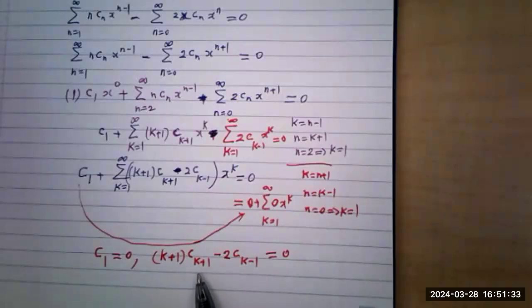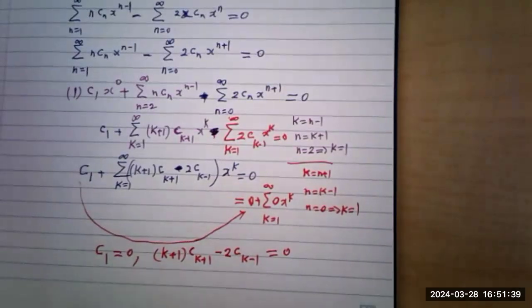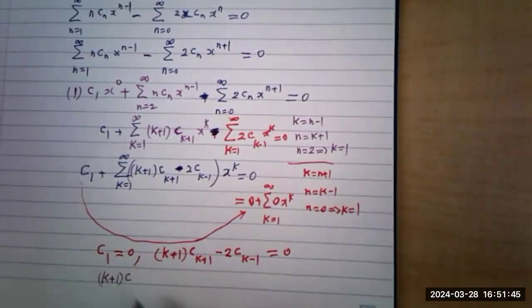So the higher index is C_{k+1}. Okay, so move the other one to the other side. So this is going to be (k+1) C_{k+1}, and it's equal to 2 times C_{k-1}.